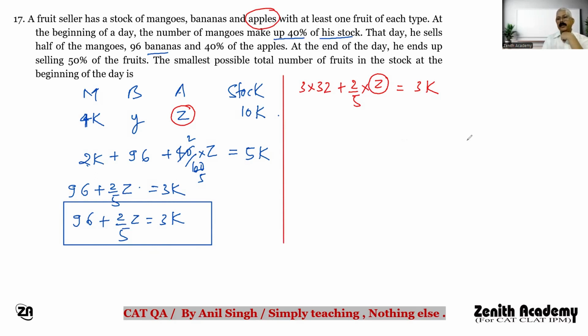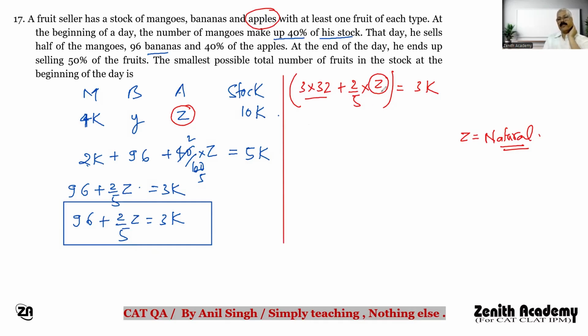So Z must be a natural number. And here it is given 2 by 5, which means Z should be divisible by 5 and at the same time must be a multiple of 3. So the right hand side is the multiple of 3, so the left hand side should be a multiple of 3, because the right hand side is 3K. Correct? 96 is 3 into 32, so no issue.